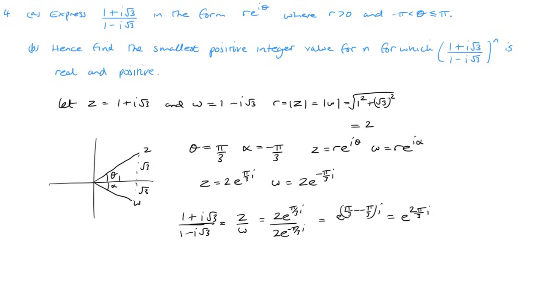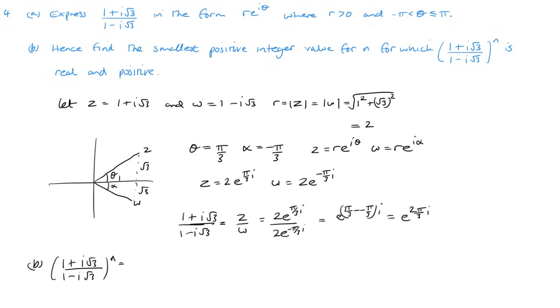Now for part B. We want (1 plus i root 3) over (1 minus i root 3) to the power n, and we want to find the smallest positive integer value for n for which this is real and positive.